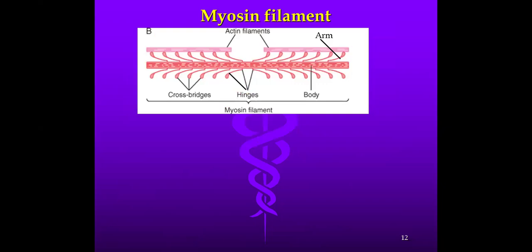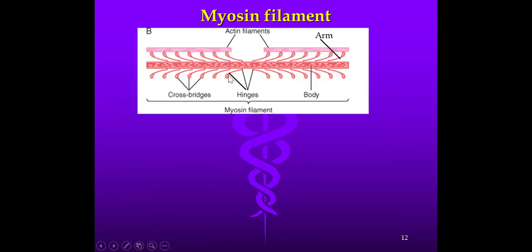This is the myosin filament with attachment to the actin filament. These are the cross bridges, and through the cross bridges they can either make the actin come close to each other or move them away from each other through the movement of the cross bridge. This is the body of the myosin filament, and these are the cross bridges of the myosin filament.